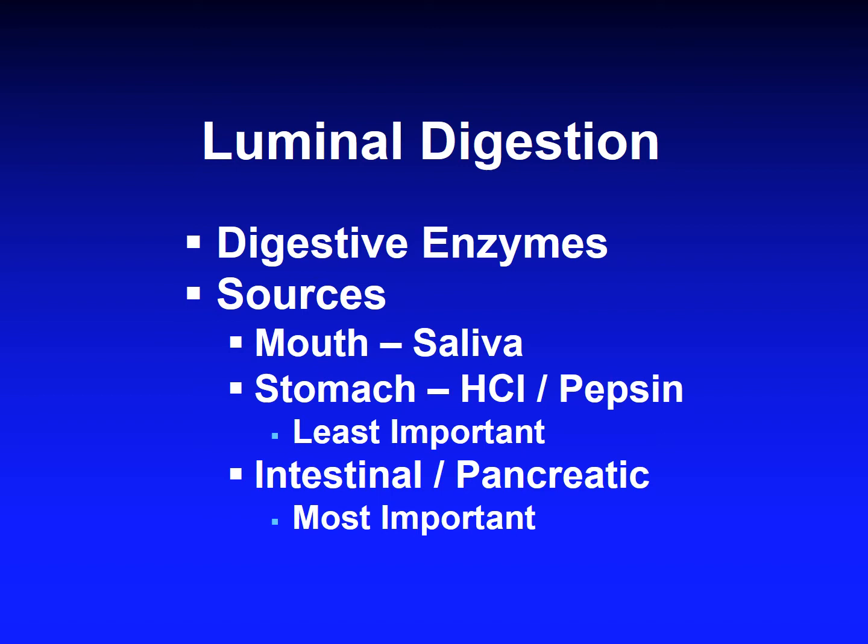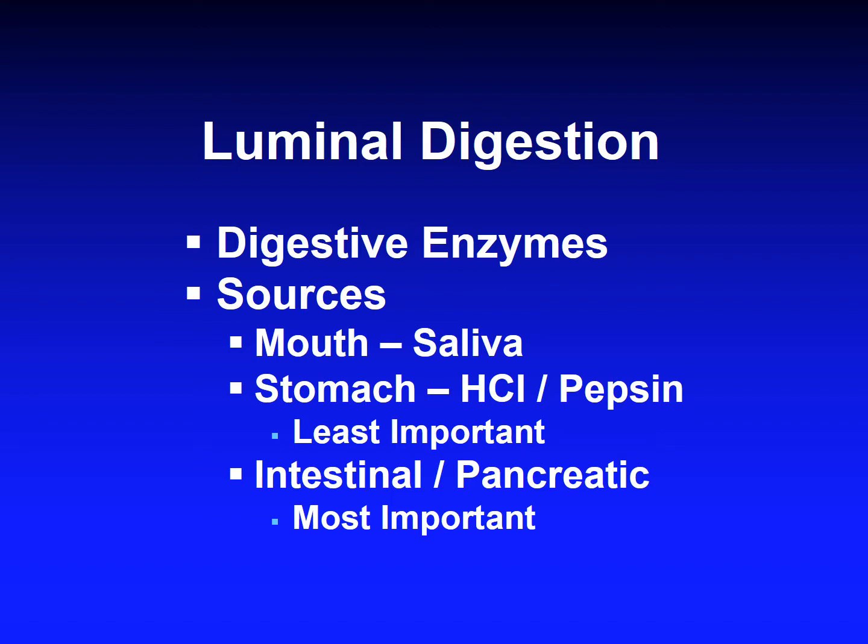Well, the oral cavity is a lumen. It has saliva, it has lipases, it has amylases, etc. The stomach is a lumen. It has hydrochloric acid, and it has pepsin, which is the result of pepsinogen activation. And the third one, we have intestinal and pancreatic digestion, which happens in the lumen of the intestine.